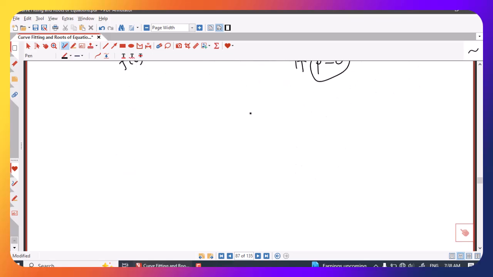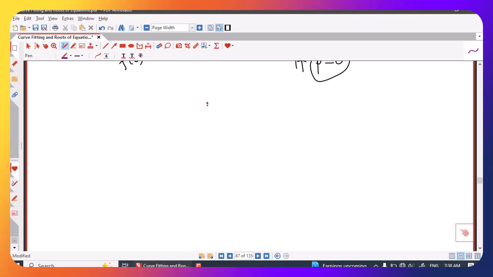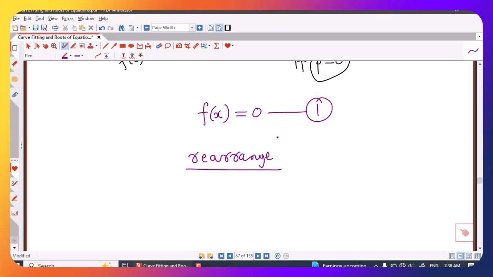Now what is the idea of the fixed point iteration method? In this method, first we have to rearrange or rewrite the given equation. Suppose we denote the given equation f of x equal to 0 by number 1. Then we rearrange equation number 1 in such a way that it can be written in this form: x equal to some function of x, say g of x.